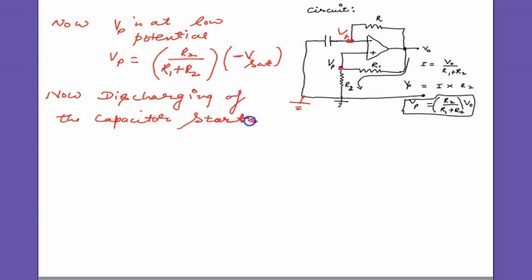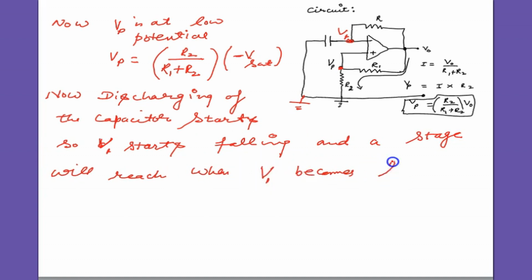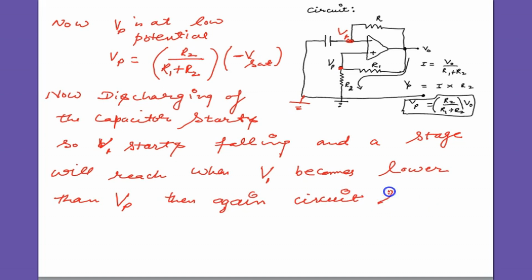Now because the potential at the plus terminal is greater, the op amplifier jumps back from negative V saturation to positive V saturation.